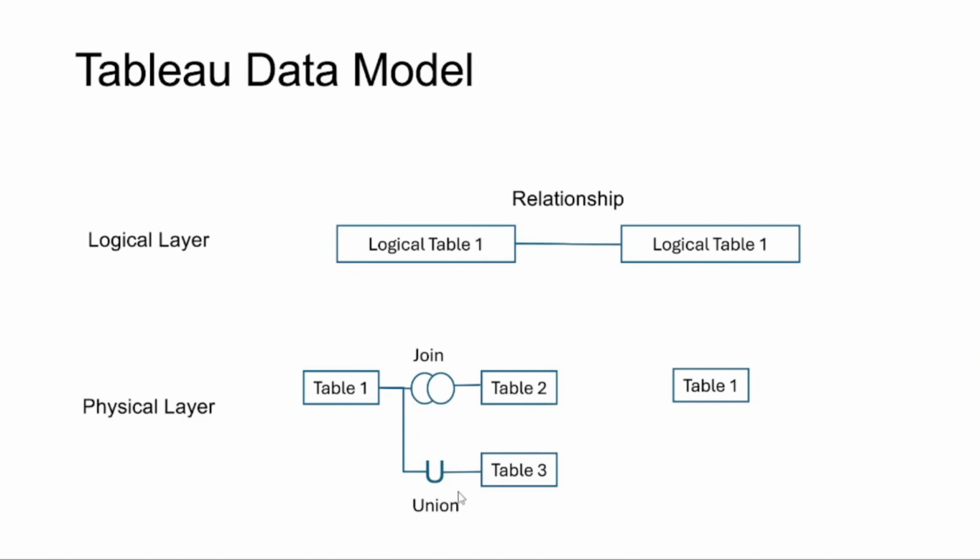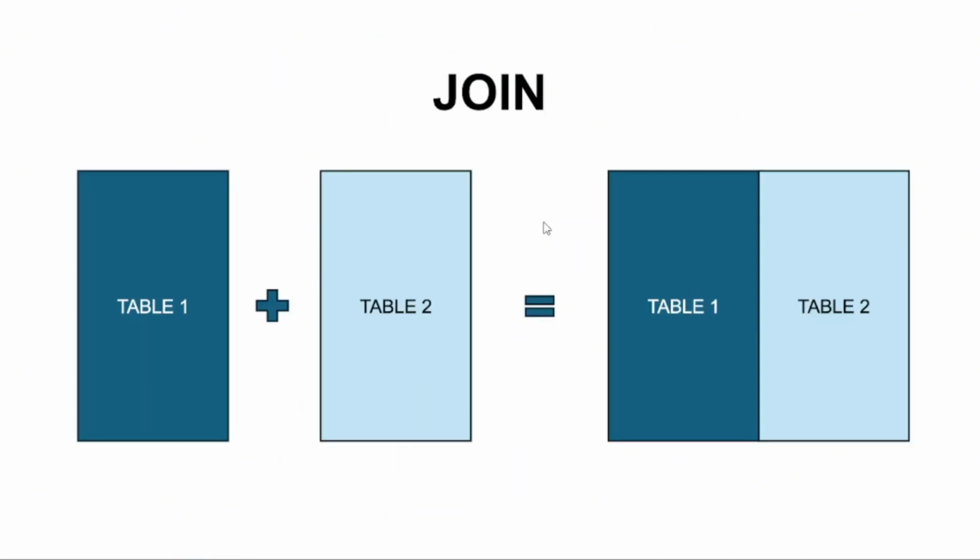In terms of union, union combines the data based on rows. So all the rows of table 1 will be merged with the rows of table 3 in this case in union. Let's see more details about join and union in this video.